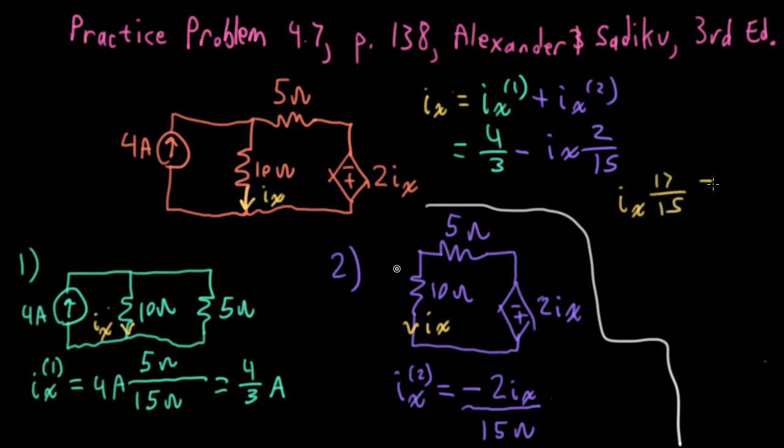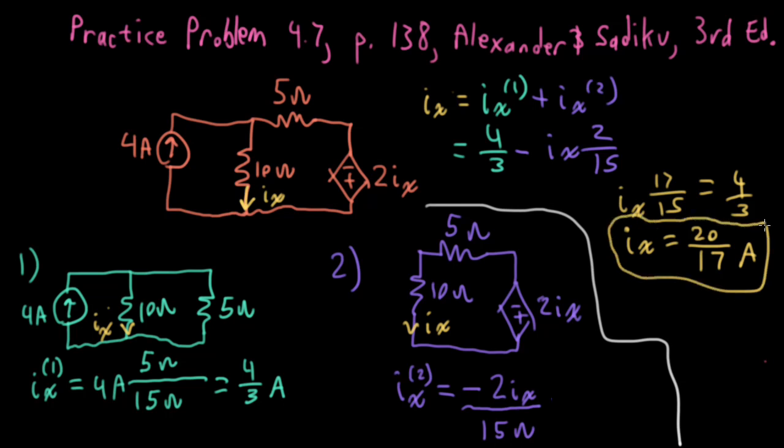And then I'll have 4/3 on the right. So Ix is equal to 15 over 3, which would be 5, and then I divide by 17. So I would have 20 over 17, and this is in amps. And this matches the solution given in Alexander and Sadiku that they achieve using source transformation.